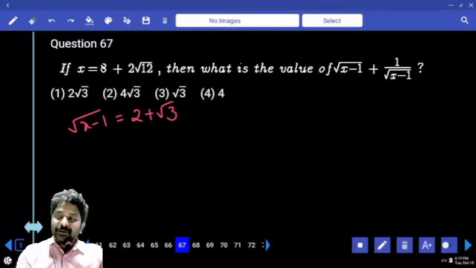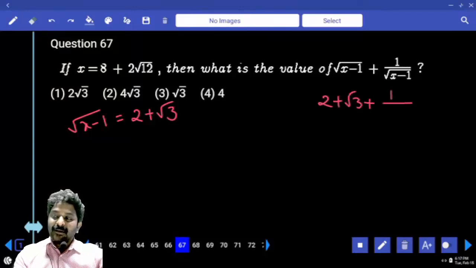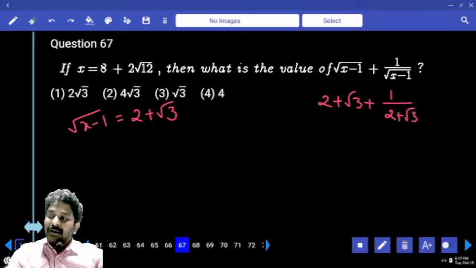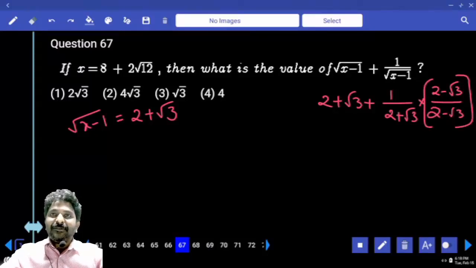So now substitute the value here. 2 plus root 3 plus 1 by root of x minus 1, that is again 2 plus root 3, correct? Now I'll multiply both numerator and denominator with 2 minus root 3. So in the denominator we can see a plus b into a minus b format.